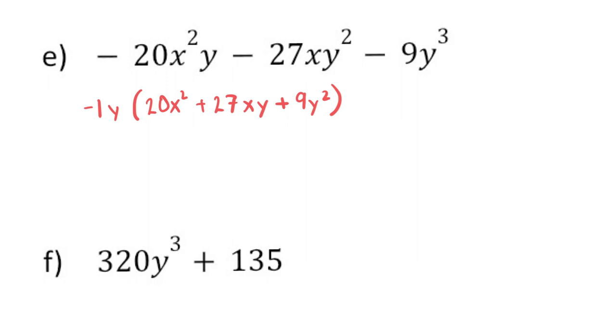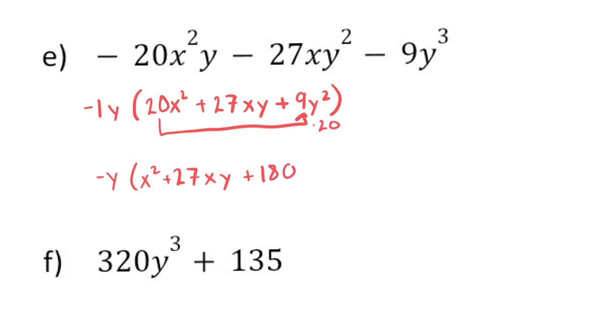We will carry the negative y through with us in the problem, but let's look at factoring this 20. So I'm going to take the 20 and I'm going to multiply it into the 9. That gives me x squared plus 27xy plus 180 y squared.